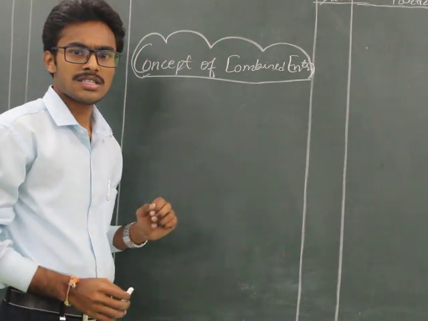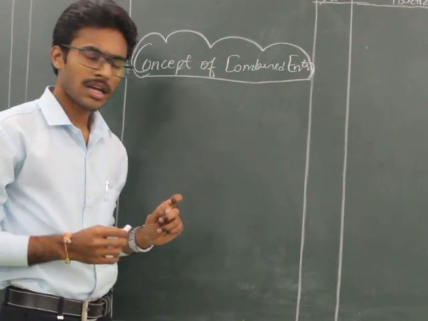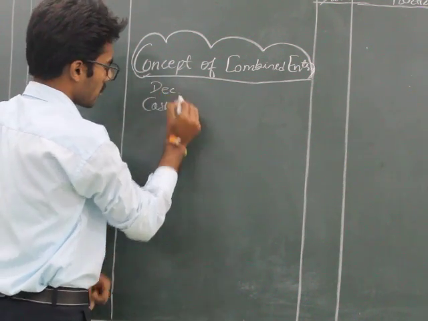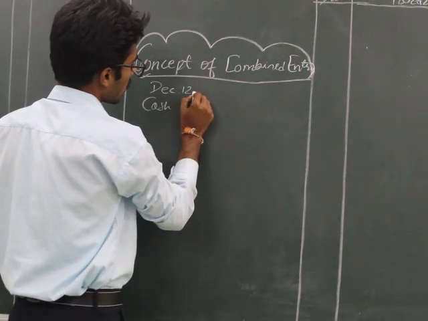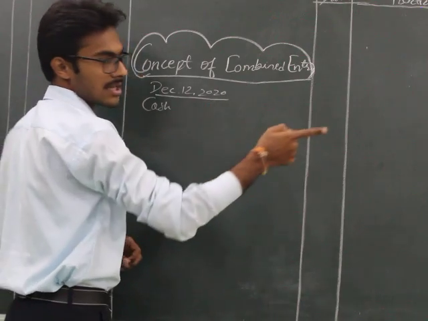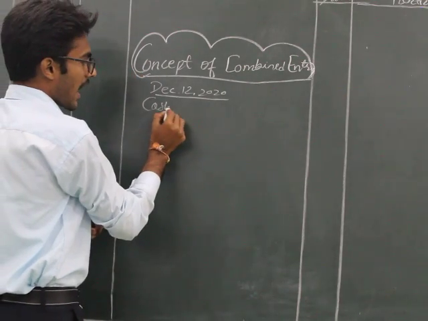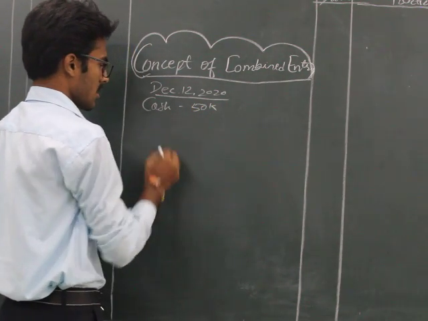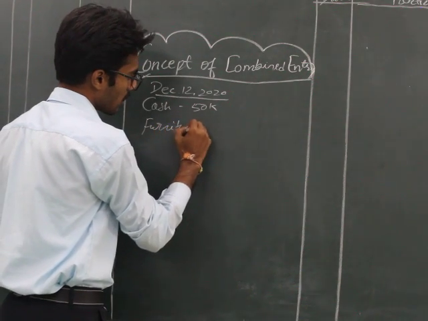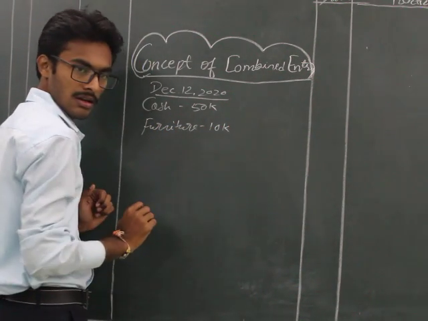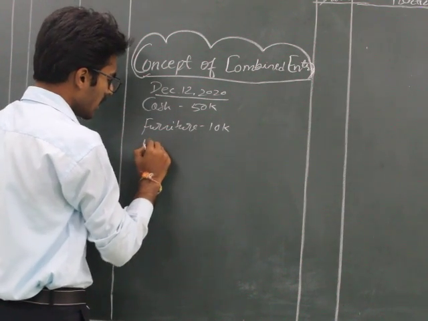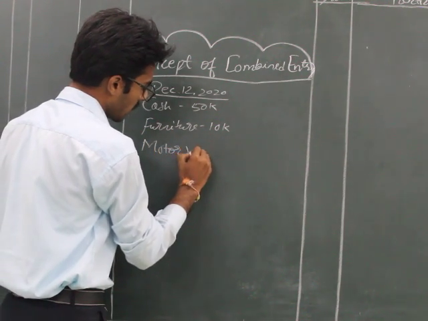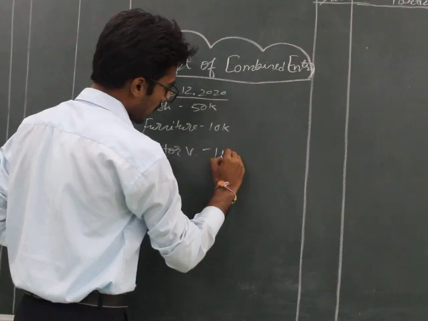Let's say today's date is 12th December 2020. On this date cash has been introduced by the business owner, rupees 50k. Furniture rupees 10k, which means 10,000. He has also introduced a motor vehicle to the business of rupees 1 lakh.